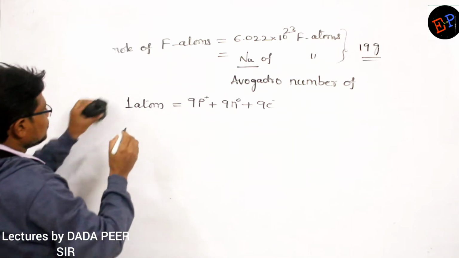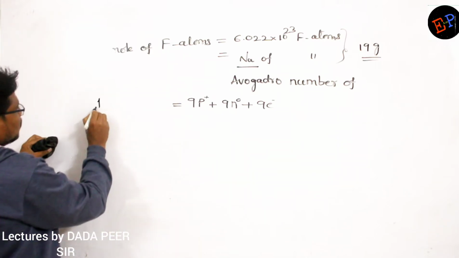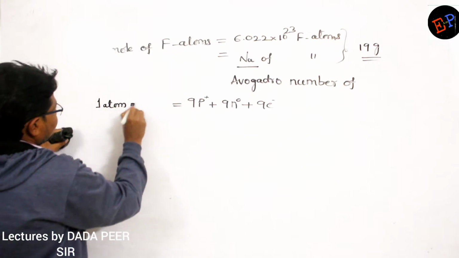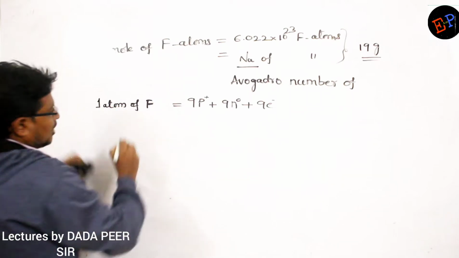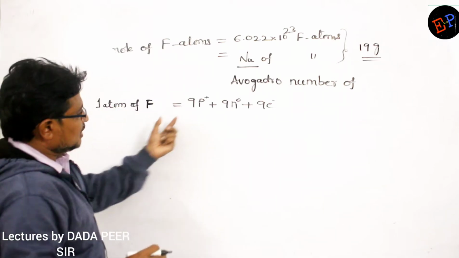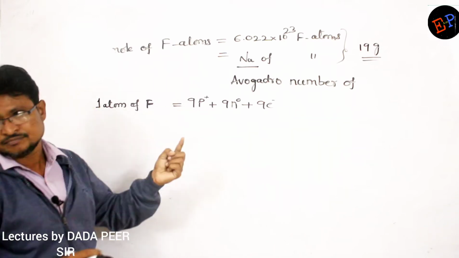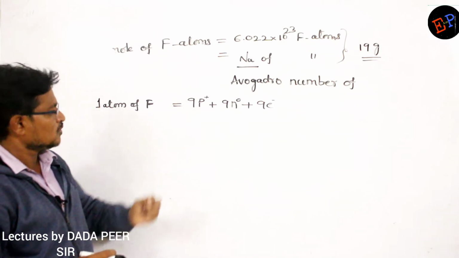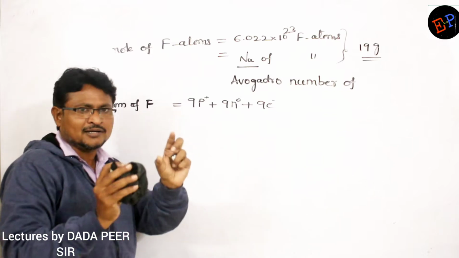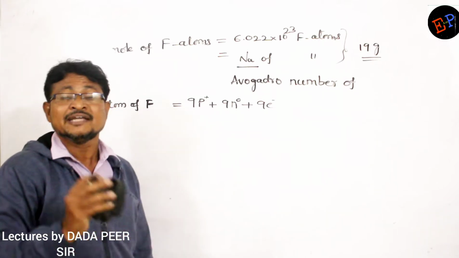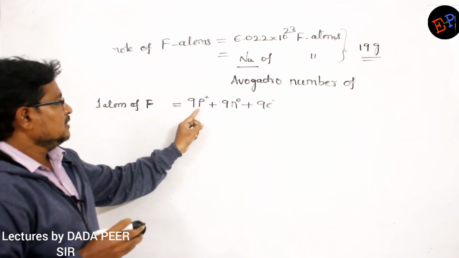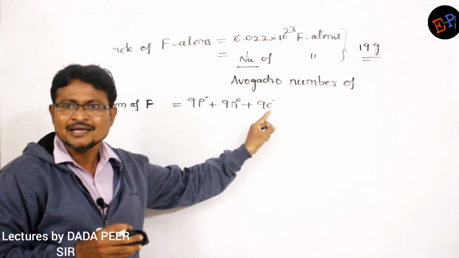Here, 1 atom of fluorine. That means its atomic number is 9, so it has 9 protons. It is a neutral atom. When we take a neutral atom, electrons equal to protons will be there.